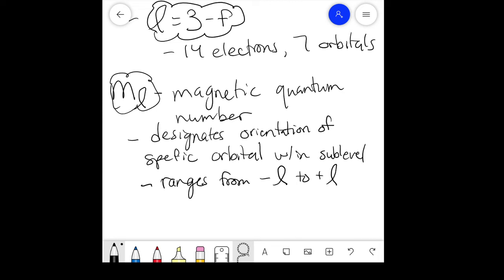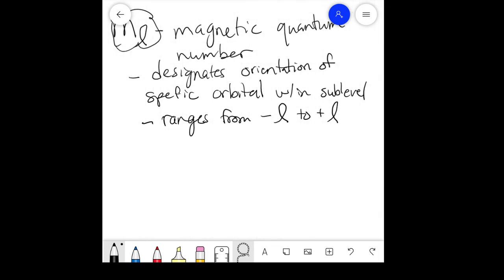So since there can be 2L plus 1 orbitals, that's how many orbitals each sublevel can have.